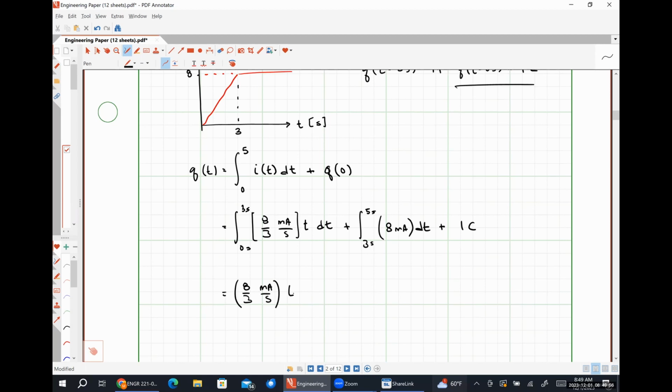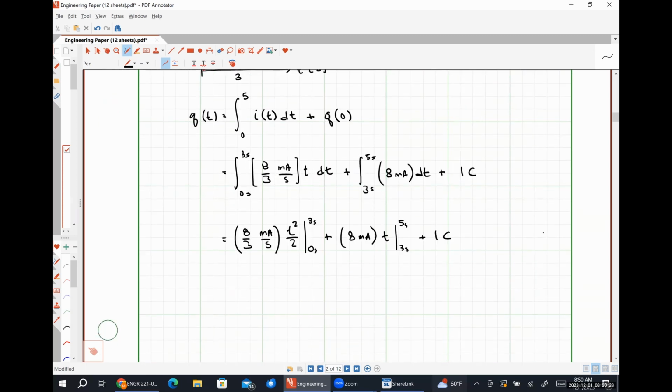So t squared over 2 evaluated at 3 seconds and 0 seconds plus, and we're going to have 8 milliamps. What's the integral of 1 dt? T evaluated at 5 seconds and 3 seconds, and then we're going to add to this 1 coulomb.